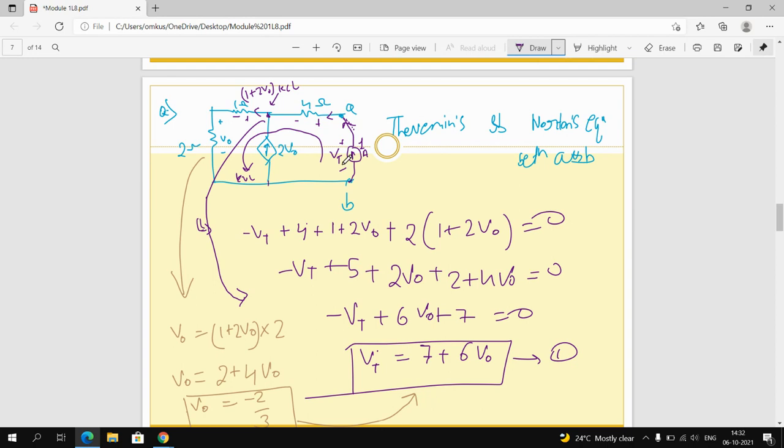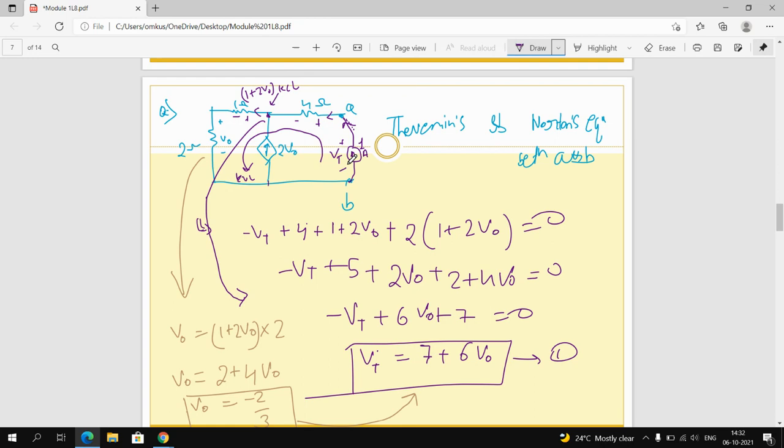If you consider a 1 volt source here, you will still get the answer, but the process will become lengthy. You can take any assumption and you will get the answer, but the process involved increases depending on the question.